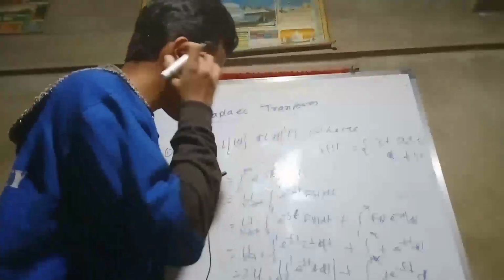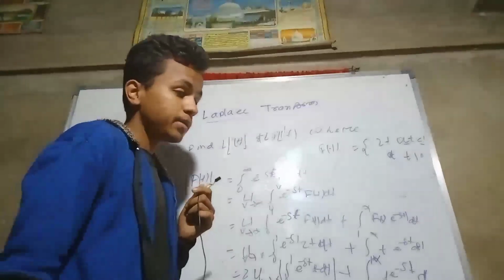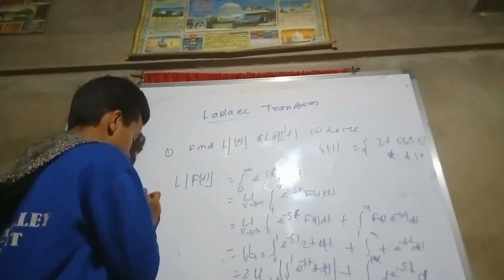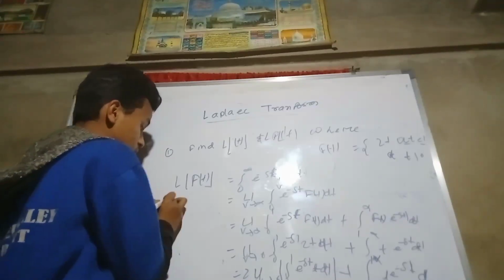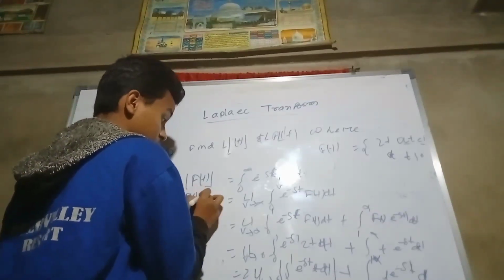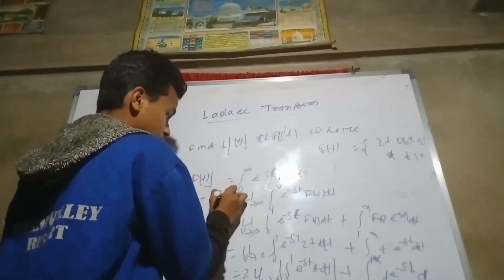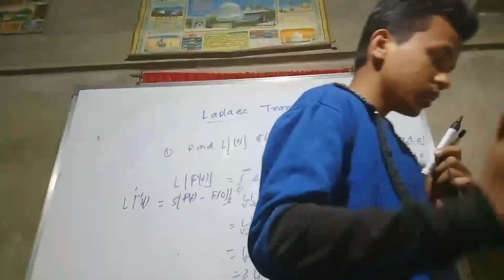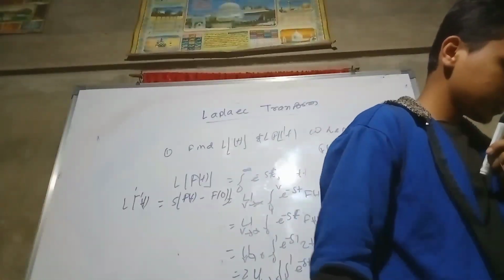After putting the limits, you can find the Laplace transform. Now we have to find the Laplace transform of f'. The Laplace transform of f'(t) is nothing but s F(s) minus f(0). Okay, that is the derivative formula. You can use it, so easily you can find the Laplace transform of the derivative of the function.